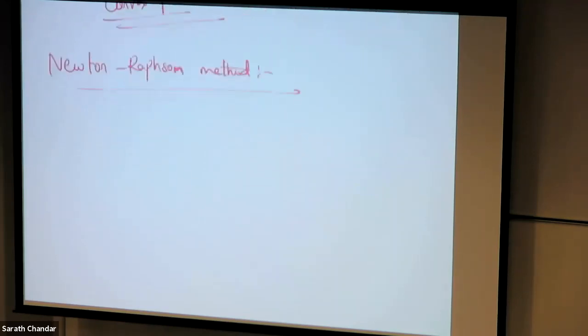Now, the Newton Raphson method is also an iterative method like gradient descent. In the case of Newton Raphson, we are going to use a local quadratic approximation to the error function.